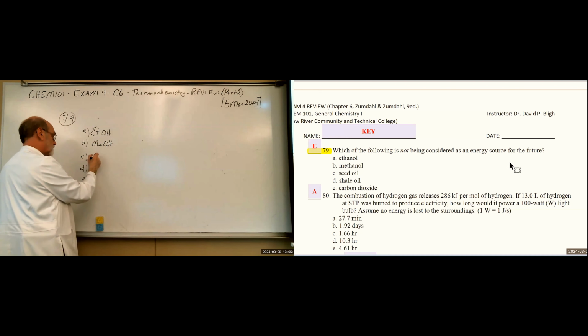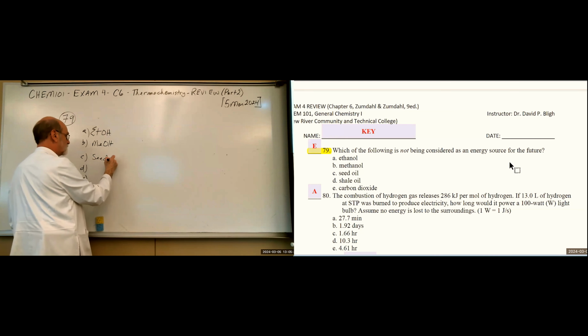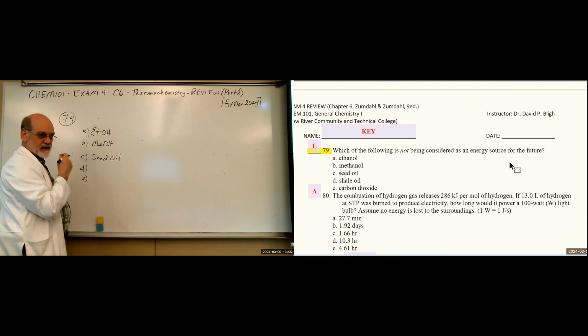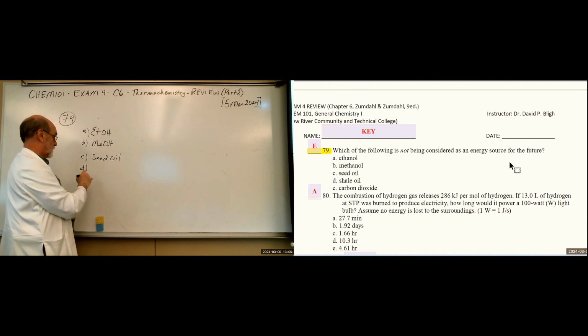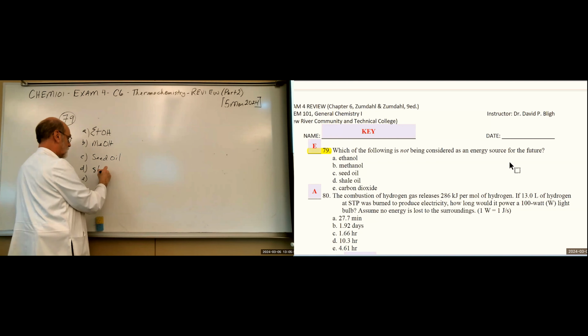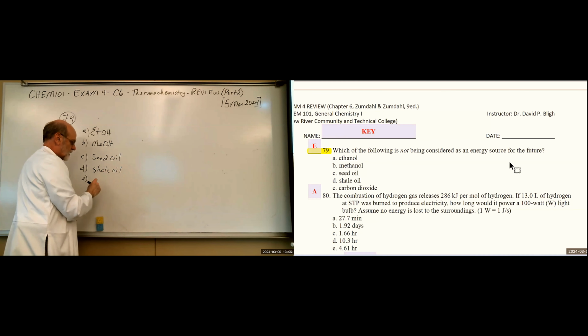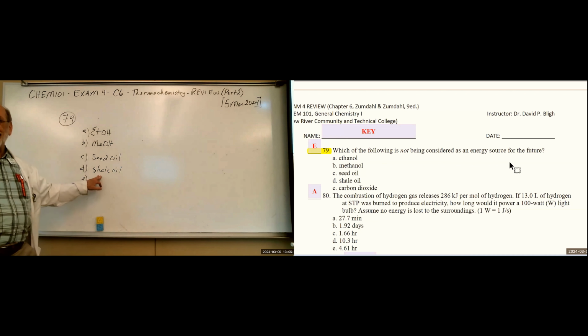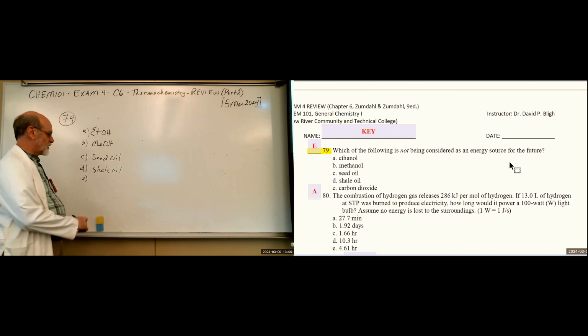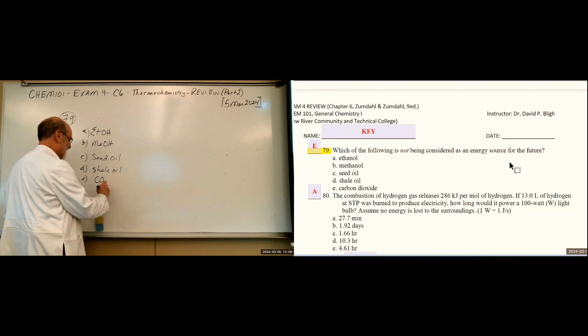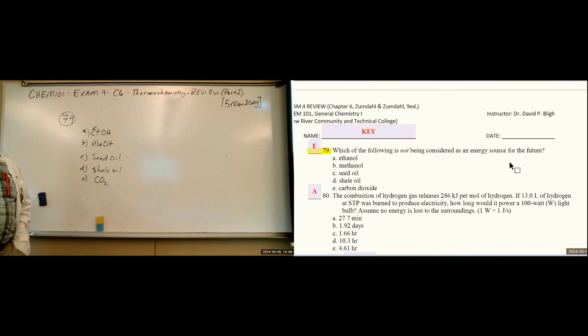Seed oil, yeah, that's also being considered. Shale oil, oh, definitely. Shale oil requires fracking to get it out. And carbon dioxide as an energy source, I don't think so. Carbon dioxide is the product.